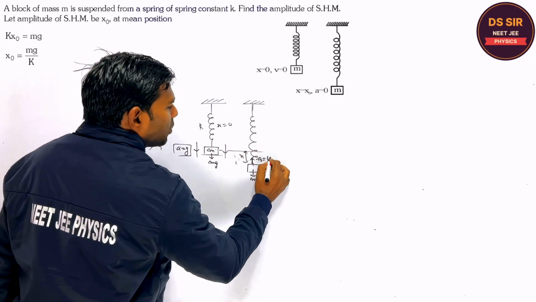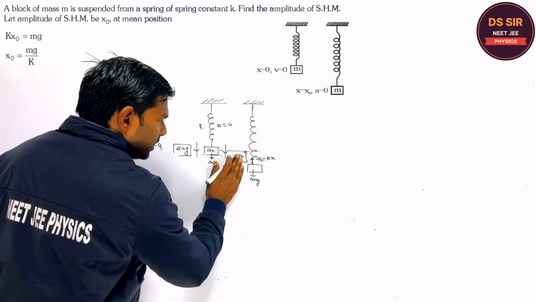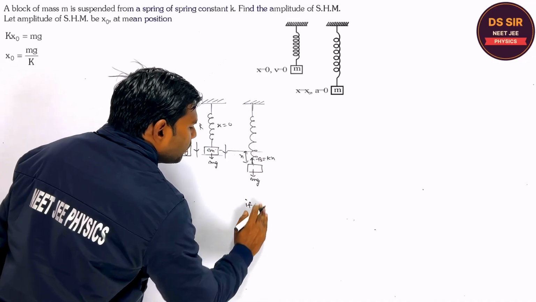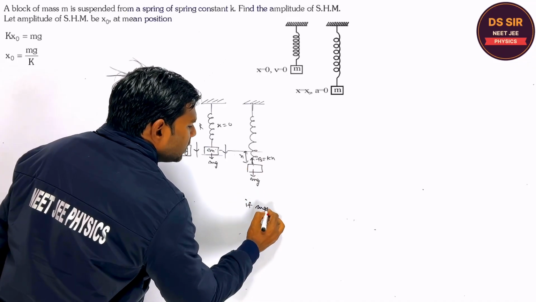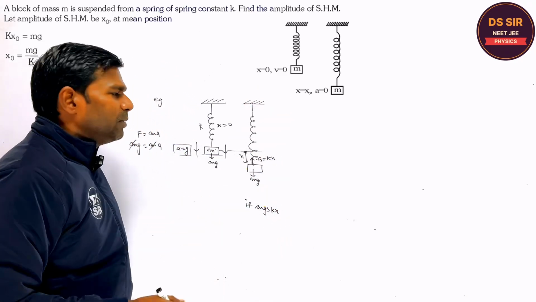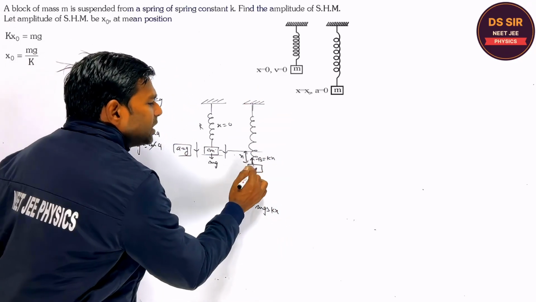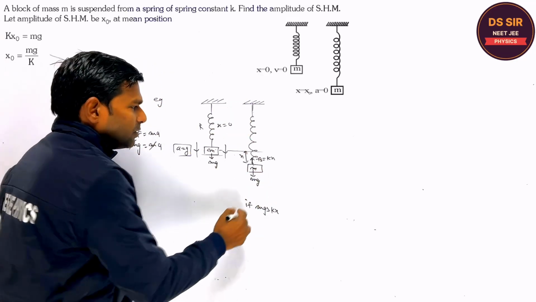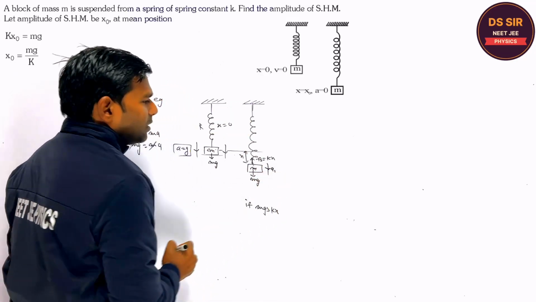So the spring force is kx. In this case, if mg is still greater than kx, tell me, what is the acceleration of this block? Say downward. Are you getting or not?